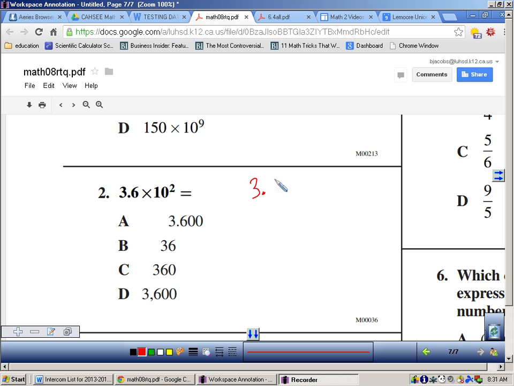You identify the decimal. What this says is that you're taking 10 and squaring it. That means essentially that you're taking 10 times 10, which is 100. So it would be 3.6 times 100. If you multiply out, you end up with 360. So it's 360.